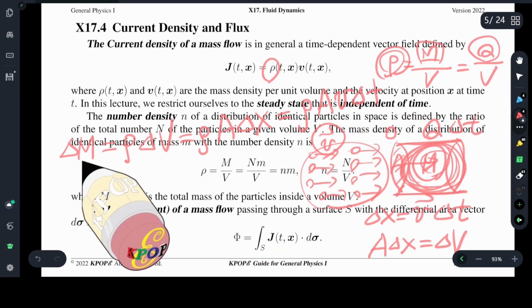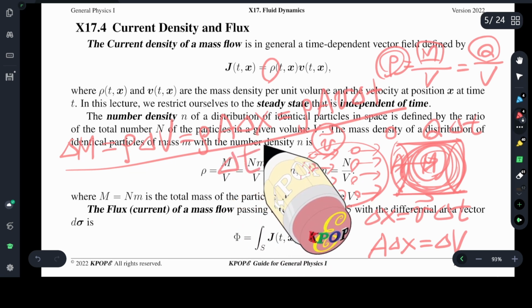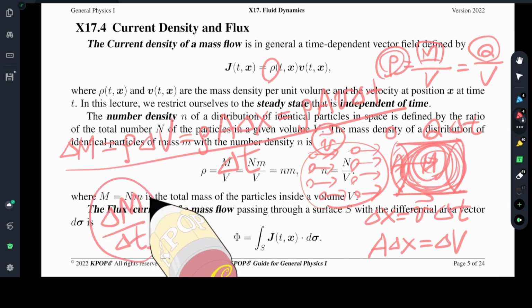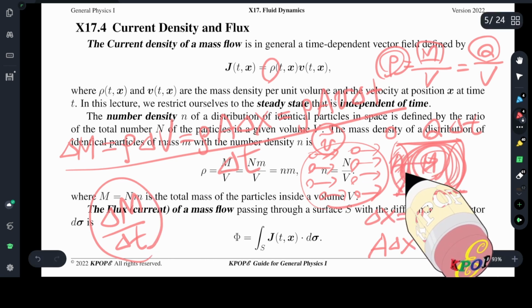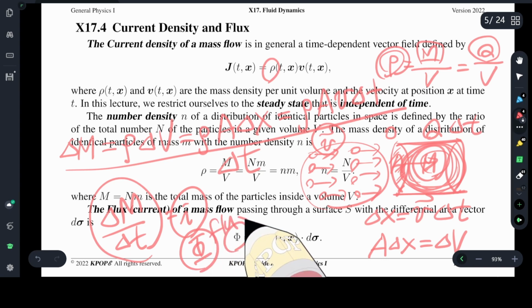Why don't you divide everything by the time shift? Then I would have mass divided by time. This is current. How much mass, how much charge has passed through the cross-sectional area A? That is current usually. Right now we are more interested in writing phi, that is called flux.